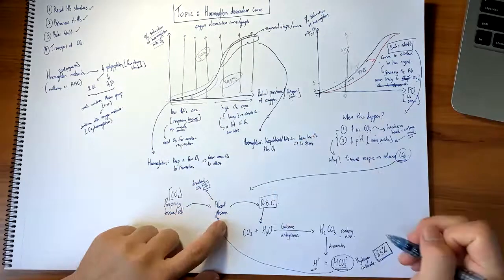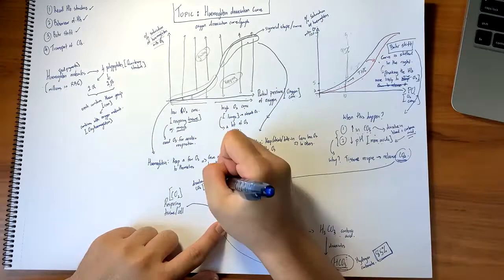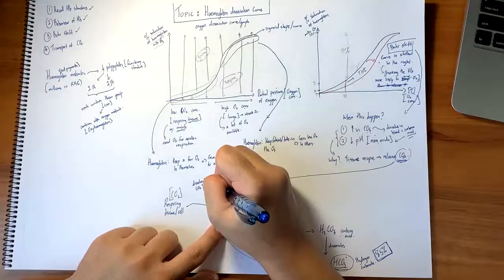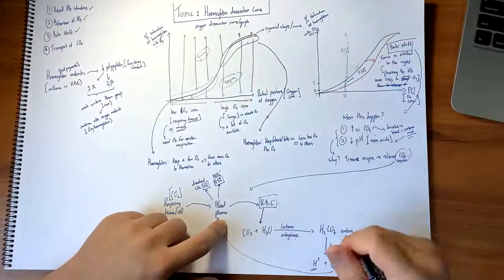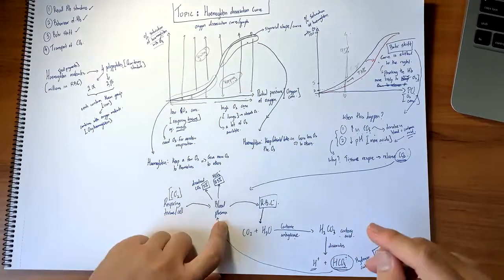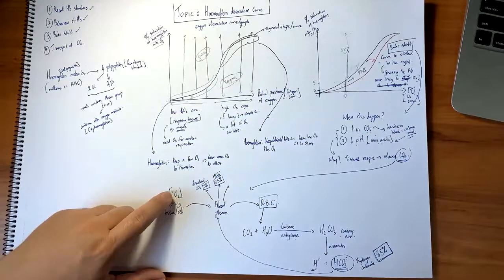Another form is 85%, where they become HCO3 minus. Right. So this is about 85%. And what happens to the rest of the 10%? So the rest of the 10% is actually the CO2 molecules.